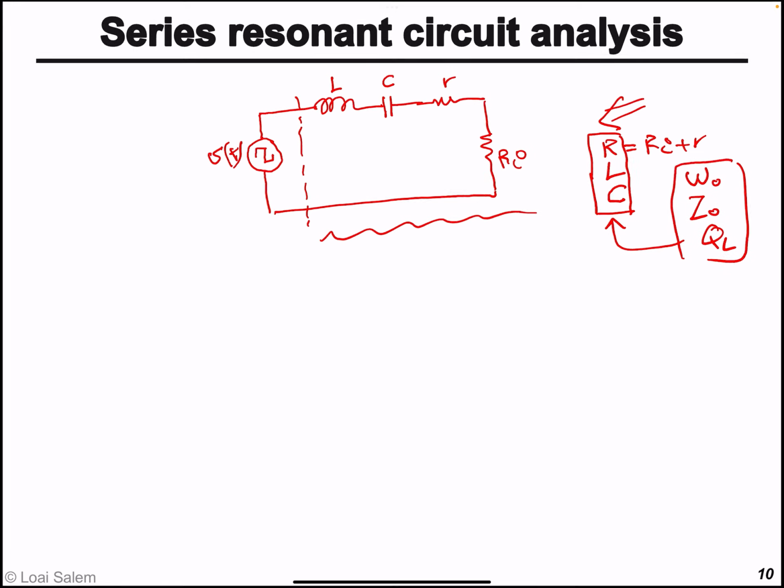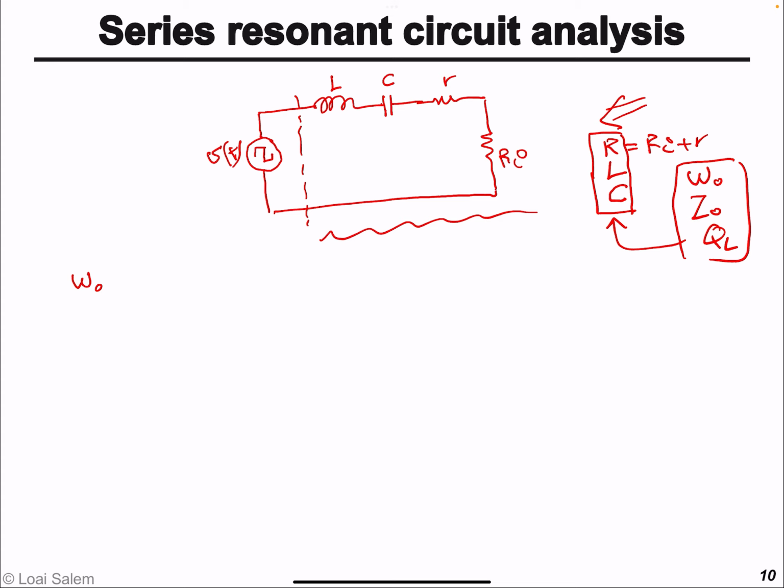Well, first of all, omega node is the radian center frequency, which is 1 over square root of LC. Z node is essentially the characteristic impedance of the RLC circuit. And what does that mean?